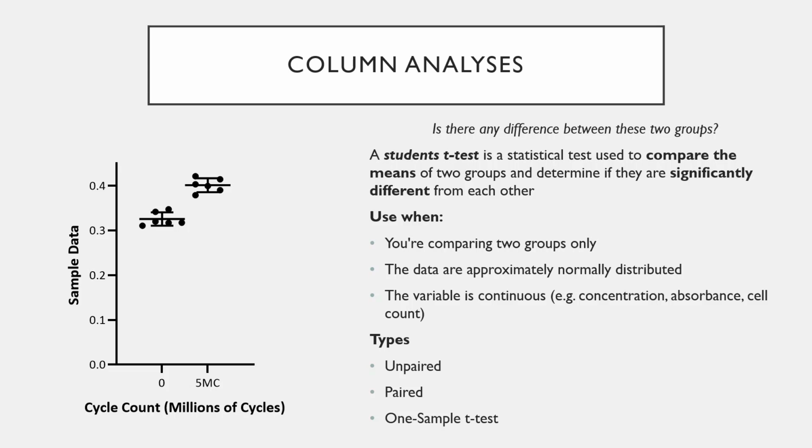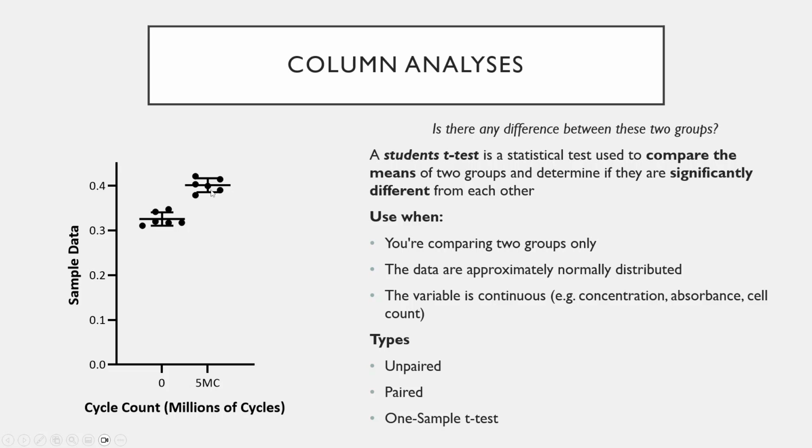Now, you could do this in an unpaired, a paired, or a one sample t-test. So pairing has to do with whether the samples, maybe like in this case at 0 and 5 million cycles, if the individual data points represented between those two are independent samples, or if these are the same samples tested at one time point and another time point.